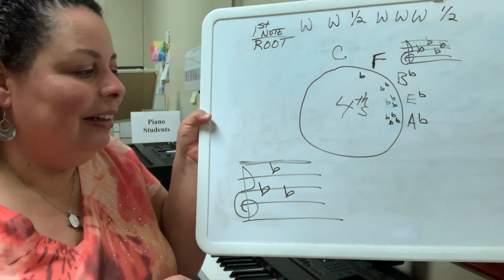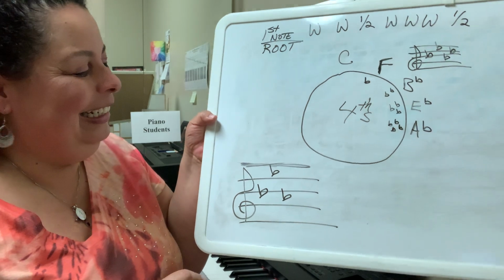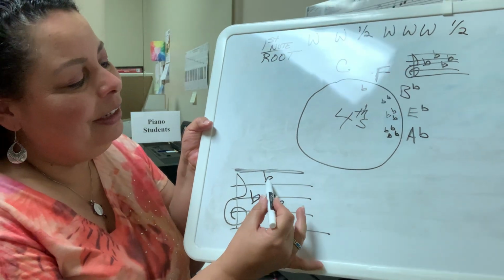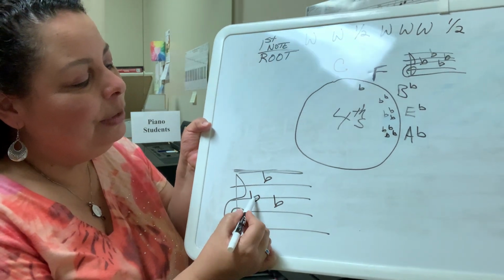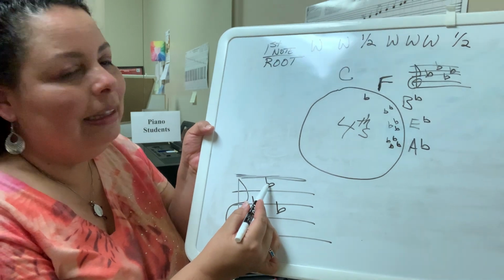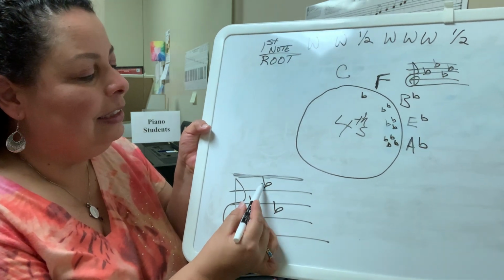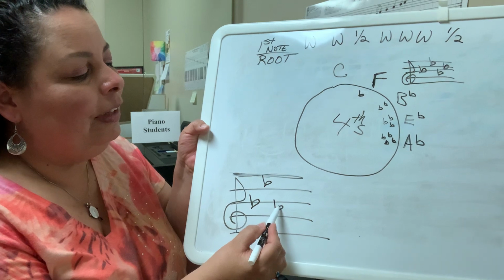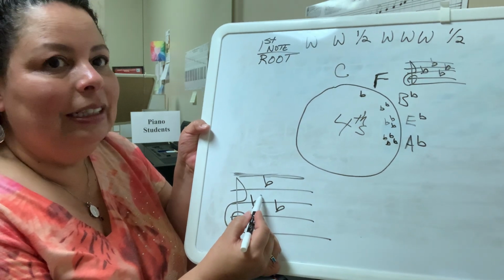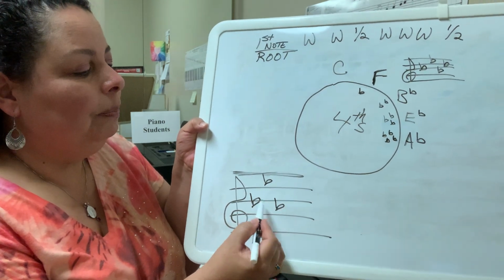And you're like, I'm not sure. Well, see how they're in an order here? First is B flat, then E flat is next, it's up above, and then A flat is just below. It's just kind of like a little triangle.